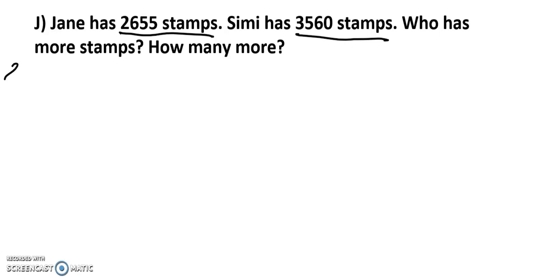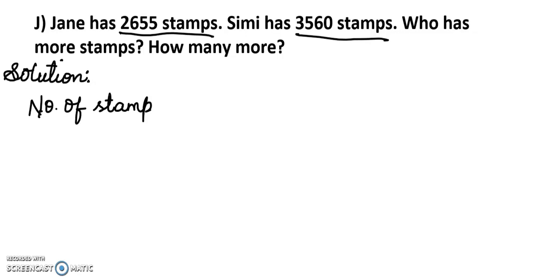So start writing the solution. We can write first that Simi has more stamps. So we have to write Simi first, because from the greatest number only we can subtract the smallest number. So, number of stamps Simi has: 3560.